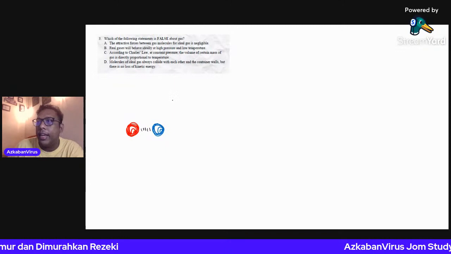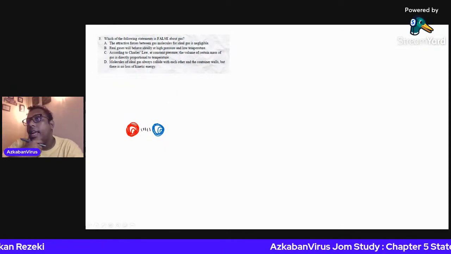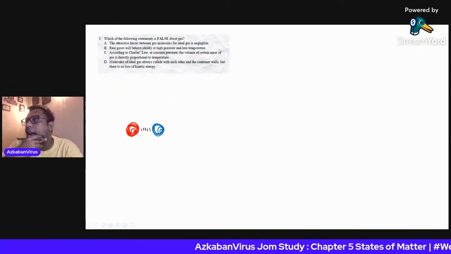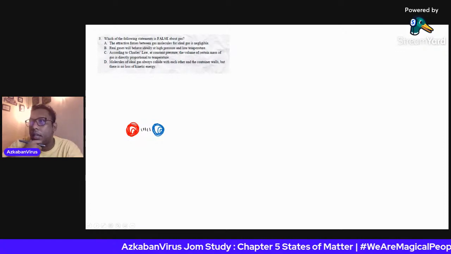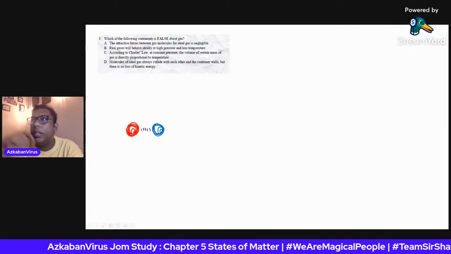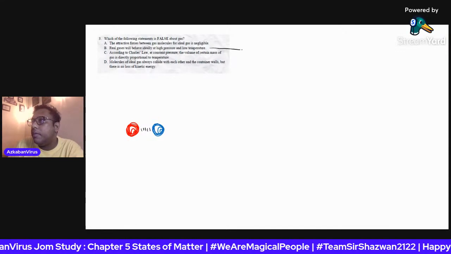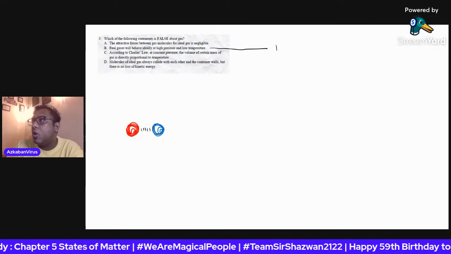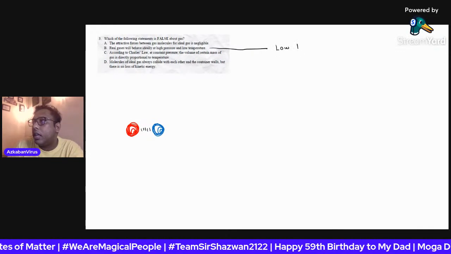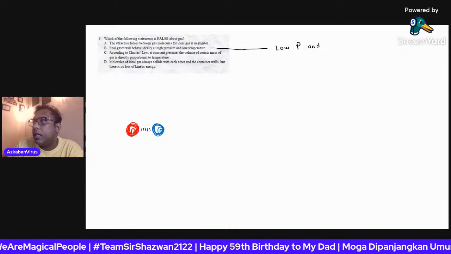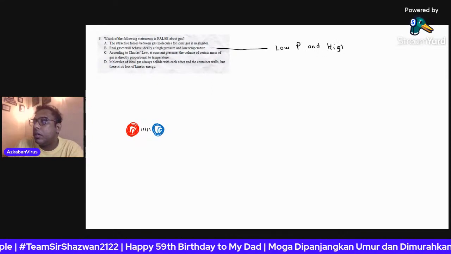Between gases tidak ada IMF. Two: real gas will behave ideally at high pressure and low temperature. Ini salah. Dia mesti behave ideally at low pressure, dia mesti tidak ada tekanan, and high temperature.